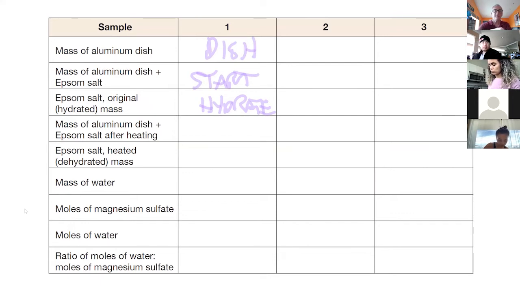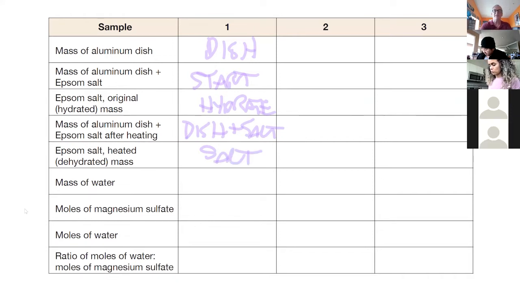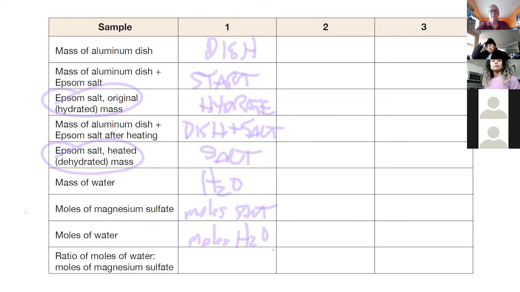After the heating, that's dish plus salt. Subtract the dish, then you've got the mass of salt. And then the difference between the dehydrated mass and the hydrated mass is the mass of the water. And then from that point, you just get moles of salt, moles of water, and then the ratio of water to salt.